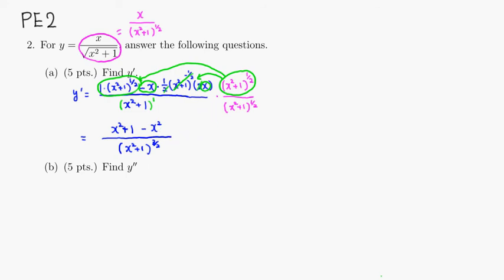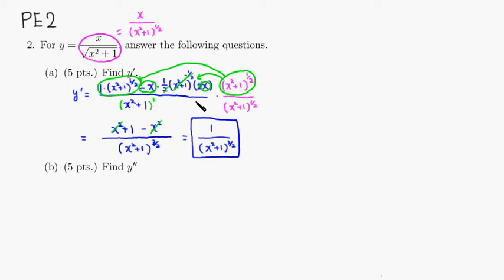Then we can cancel: there's x squared here minus x squared. So you will get simply 1 over the quantity x squared plus 1 to the 3/2 power. So that's the first derivative.